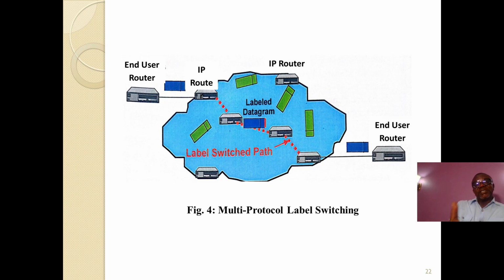But if this path that is available can carry the information, it connects by establishing this label switch path, and without resistance, the packets will get to the other end user.